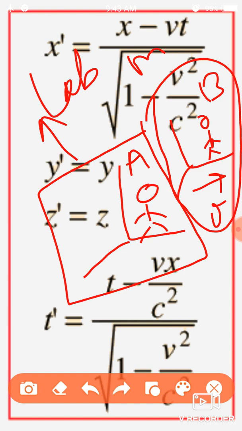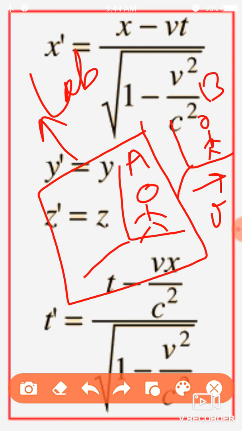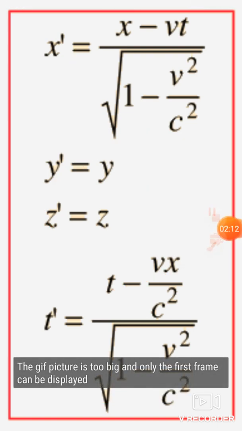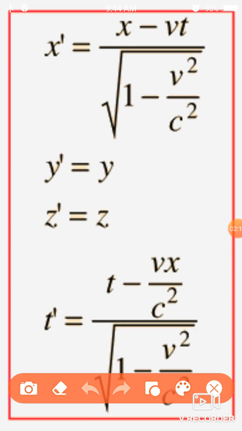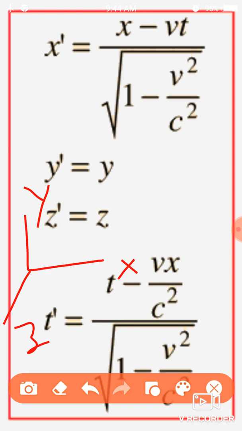Now we are interested to find out the relations between the coordinates x, y and z, how they change with respect to each other. In the lab frame, we call one axis the x axis, one the y axis, and the third the z axis.